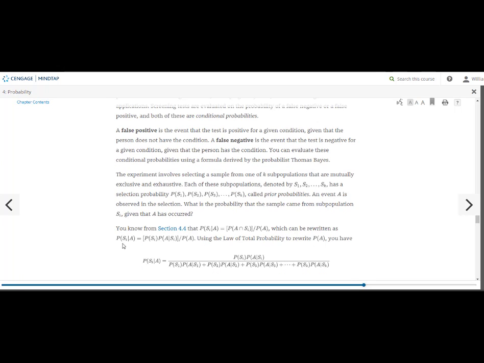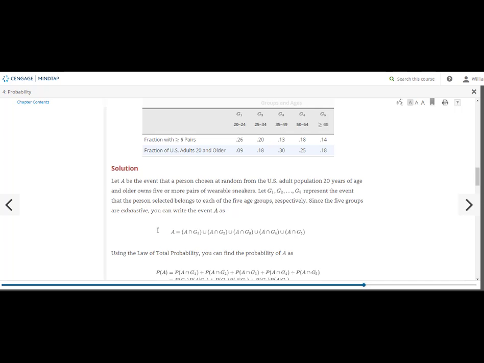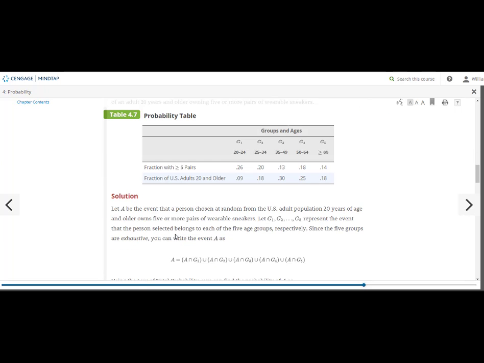So going to here, suppose we want to know the probability given A that it comes from one of the partitions. Going back to here, the partitions are here.